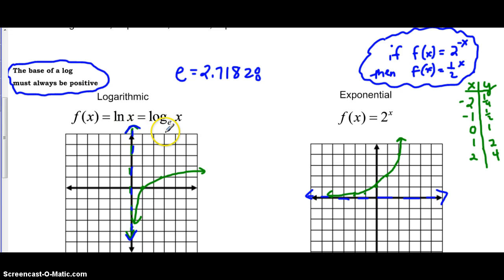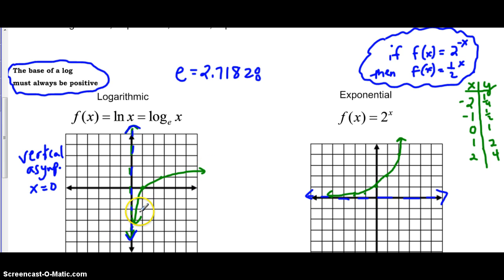If we're going to be graphing our log functions, they have vertical asymptotes. In particular, the ln of x, or natural log of x, has a vertical asymptote of x equals 0. And you'll see a natural log function a lot of times in nature.